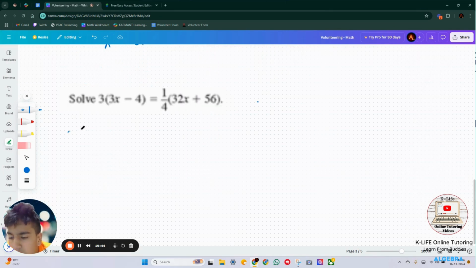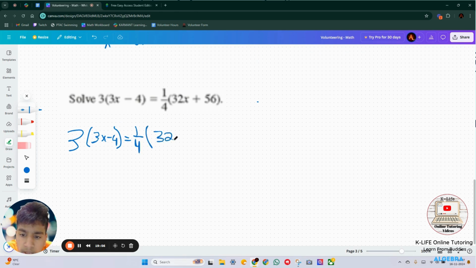So in this one you have 3x minus 4 in parentheses equals 1/4 and 32x plus 56 in parentheses.